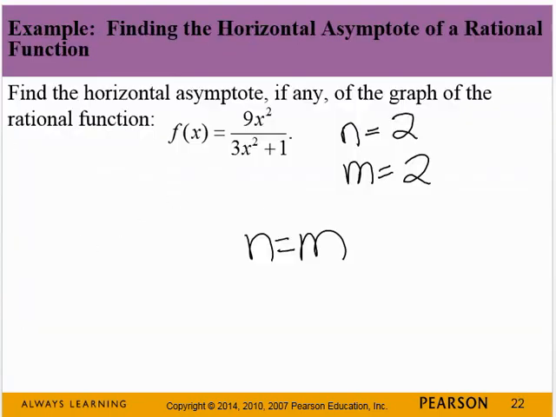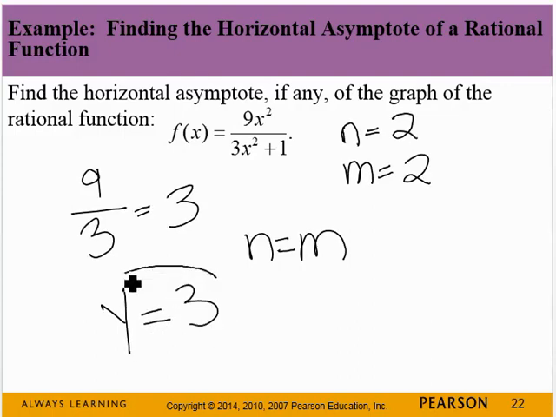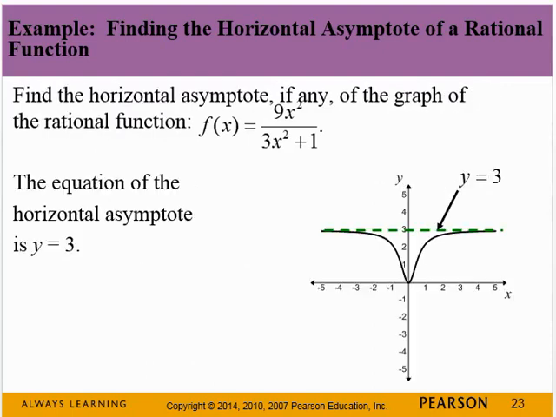So we need to look at a sub n, which is your coefficient, 9, over b sub m, which is 3. So your horizontal asymptote is at the line y equals 3.